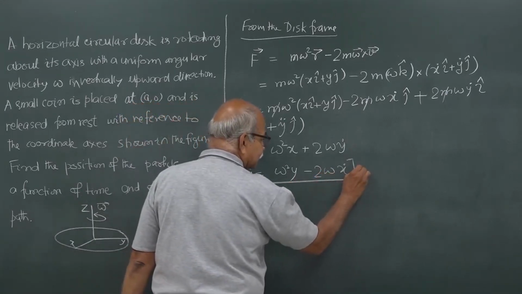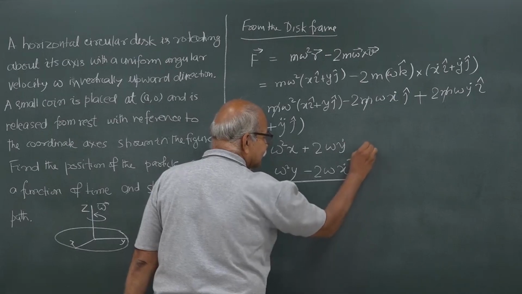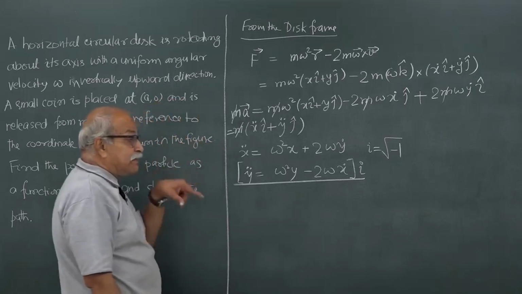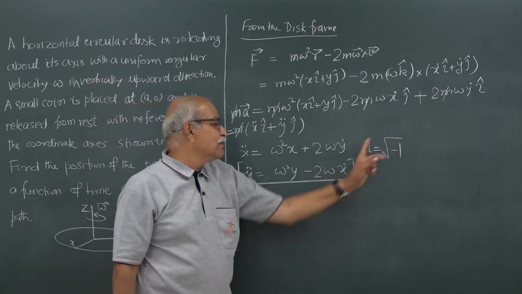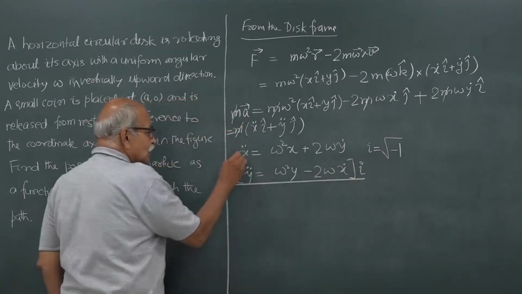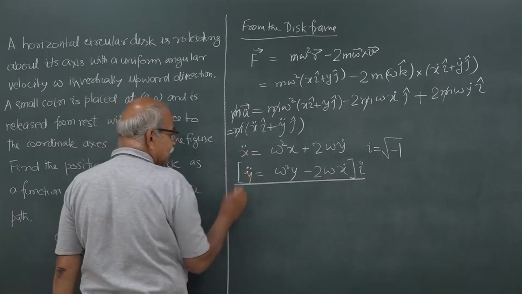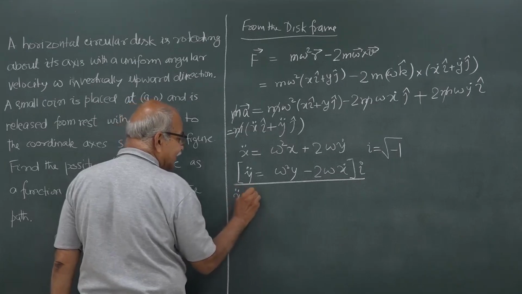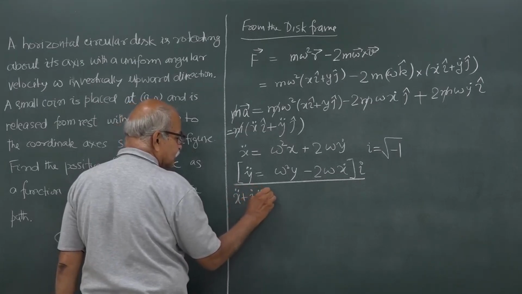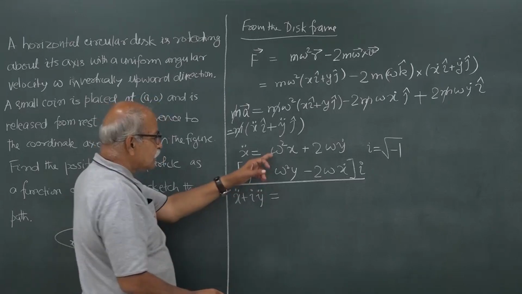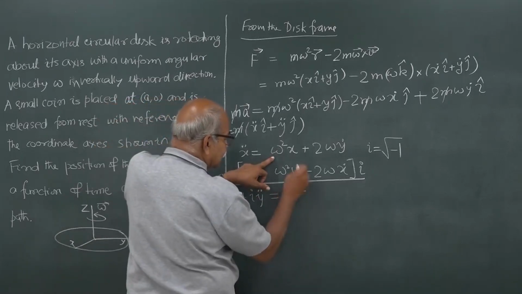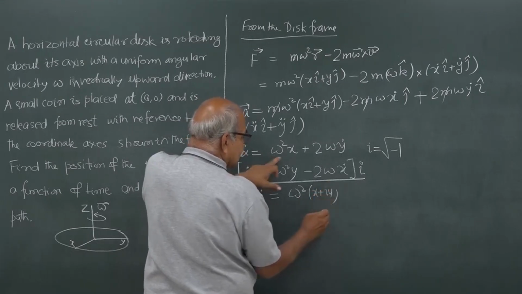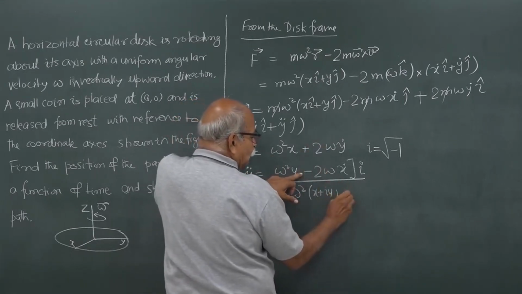by i. What is this i? This i is square root of minus 1. It is not i cap, it is just i, which is square root of minus 1, and then add these two: x double dot plus i times y double dot is equal to omega square times x plus iy, and here 2 omega.